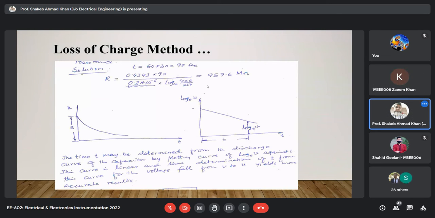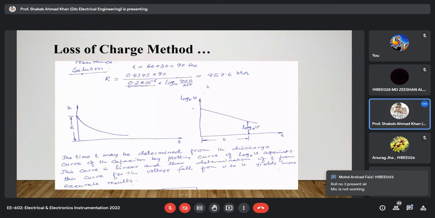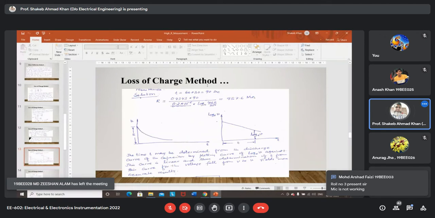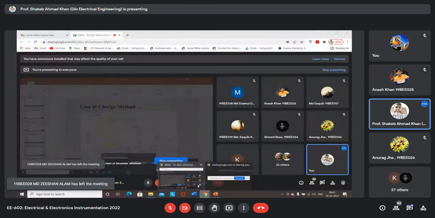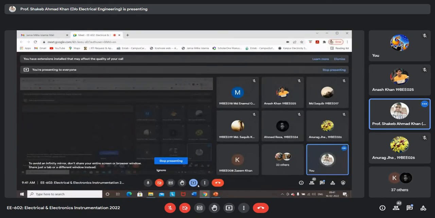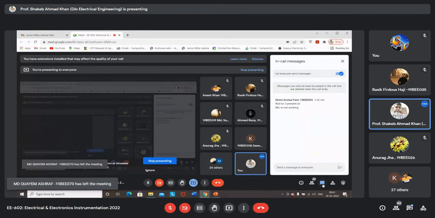Present, sir. Who is it? Who is the late comer? Knocking the door. Who is asking permission? Somebody is asking permission, or some message I got. Mohammad Arshad Faizi, roll number 3. Okay.